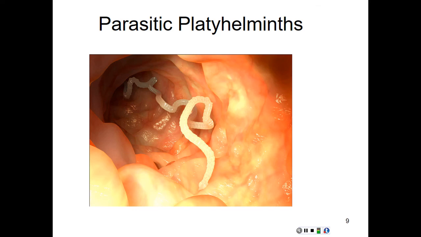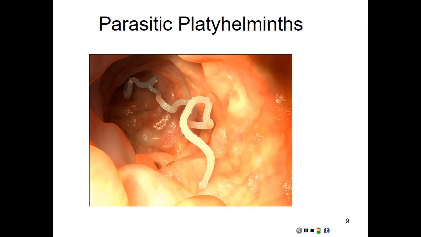They are a little simpler because their lifestyle really just involves hanging on and sucking up the nutrients from the host. They don't have as much to deal with in terms of encountering their environment or finding prey or anything like that. So these parasitic flatworms typically have some kind of sucker for attachment.